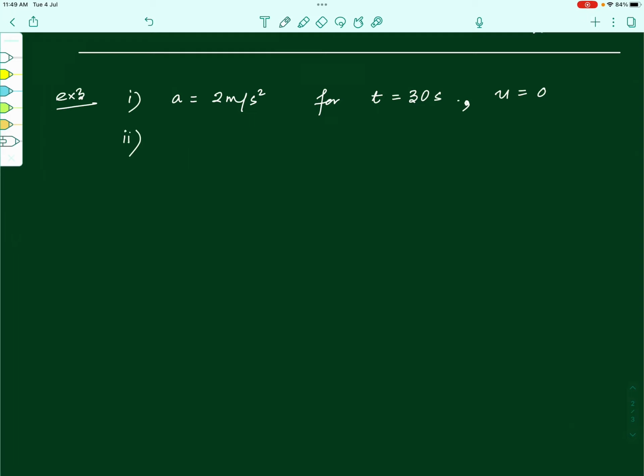As a second part of the question, now the brakes are applied. Once it travels for 30 seconds with 2 meter per second squared, now brakes are applied and the train comes to rest in the next 1 minute. In t is equal to 1 minute, which we can also write as 60 seconds, the train comes to a halt. That means its final velocity once again becomes 0.